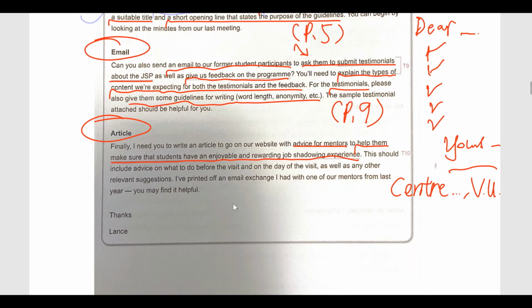This should include advice on what to do before the visit and on the day of the visit, as well as any other relevant suggestions. I've printed off an email exchange I had with one of our mentors from last year. You may find it helpful. Email exchange.